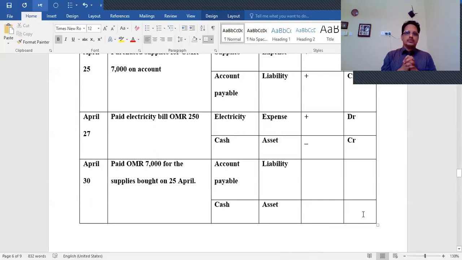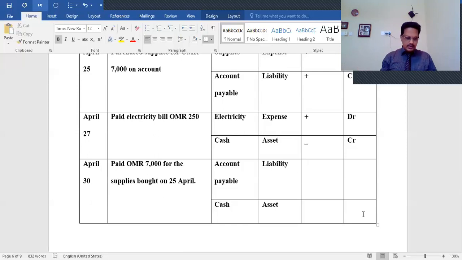Now, when you paid money, you have a supplier, you have a creditor, you have a liability, you have account payable, you have debts, outside dues and obligation towards this. Now you pay that.